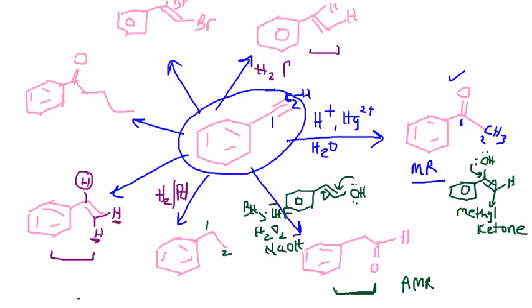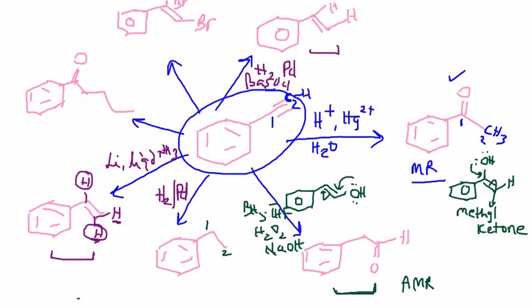But just because it's been drawn in a cis fashion, I would say that here you can put in hydrogen palladium with barium sulfate, which is a Lindlar's catalyst. You can also use hydrogen palladium and calcium carbonate. On the other hand, on this side, you would want to use something like lithium and liquid ammonia. So those are two different things, but that is only because of the way that these are drawn and nothing else.